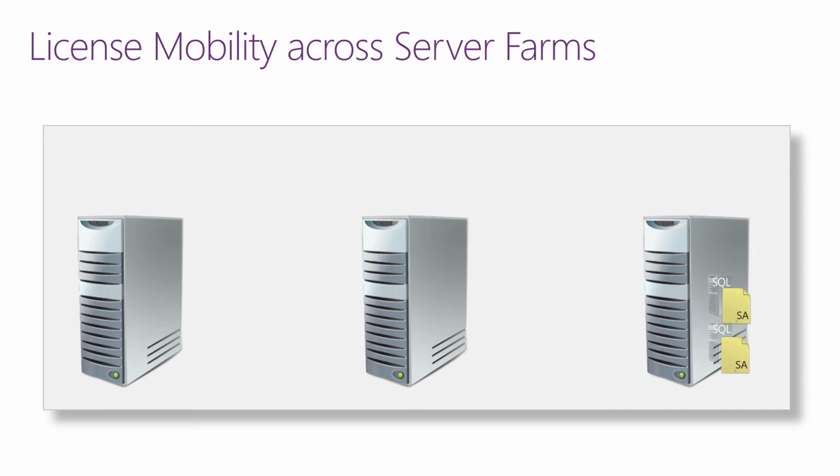And software assurance gives the benefit with the name at the top of the slide: license mobility across server farms. And license mobility means the licenses can move between servers as often as required. And so you can think of the licenses now as being attached to the virtual machines because, and this doesn't really happen, but as you can imagine, as the virtual machines fly around, the licenses are allowed to follow them.